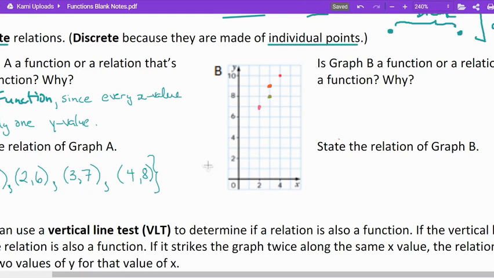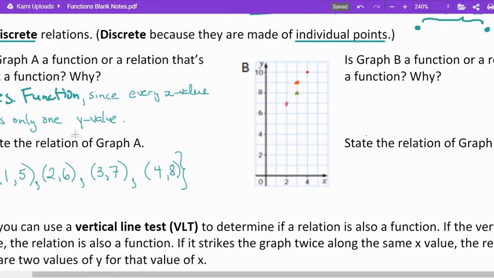Ooh. Okay, let's go back to what we said in the first one. We said every x value has only one y value. Look here. This x value of x equals 3 has two values of y. It has 2 points on x equals 3.